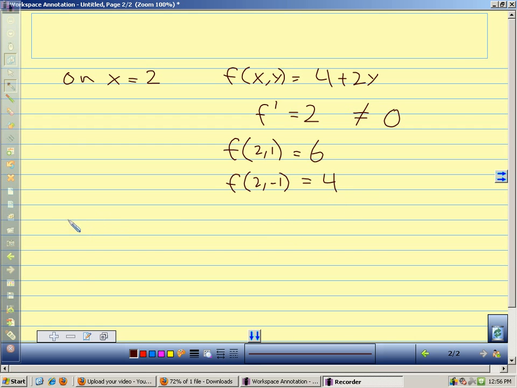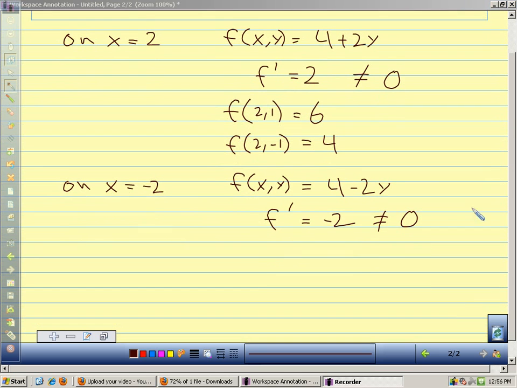And we have finally our left-hand boundary on x equals minus 2. f of x y. Plugging in minus 2 for x into my original function, f of x y is 4 minus 2y. And f prime, the derivative, is negative 2, and that doesn't equal 0 anywhere on that boundary.